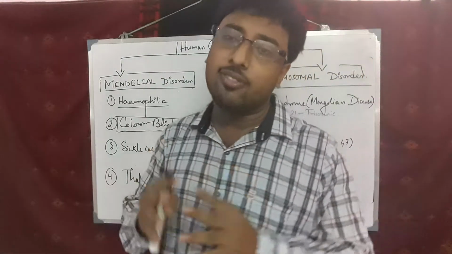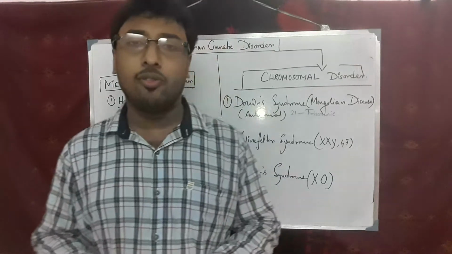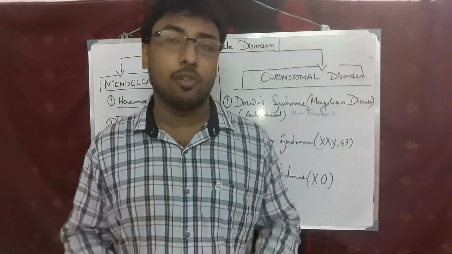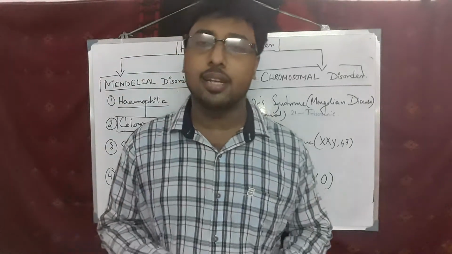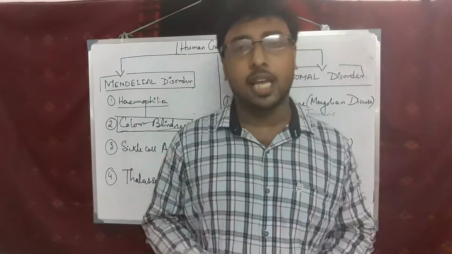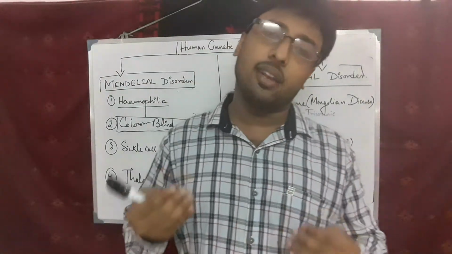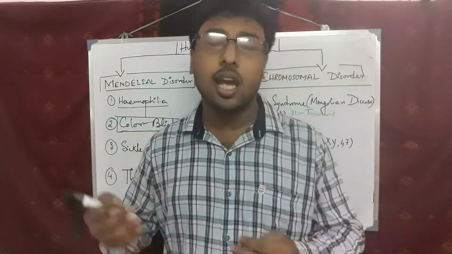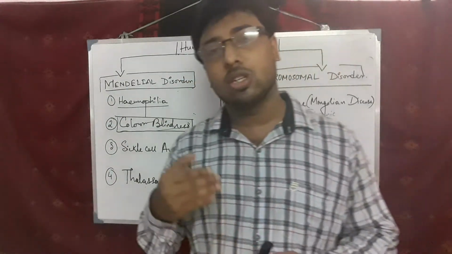So if the alpha globin chain or the beta globin chain is not formed in the proper way, there will be the disease known as thalassemia. And what are the symptoms of thalassemia? The beta globin chain and alpha globin chain are responsible for the formation of blood.